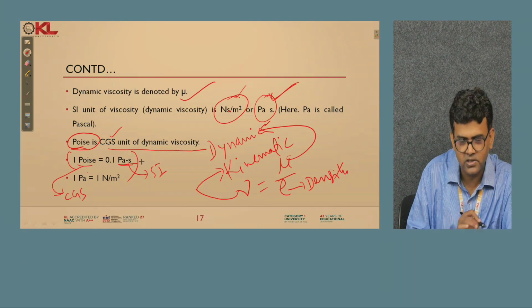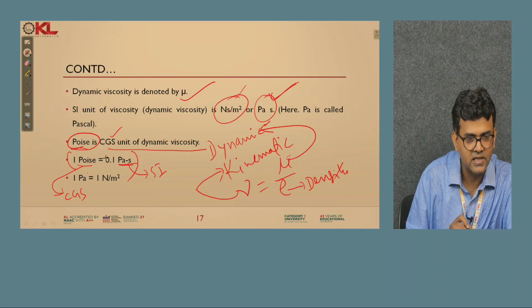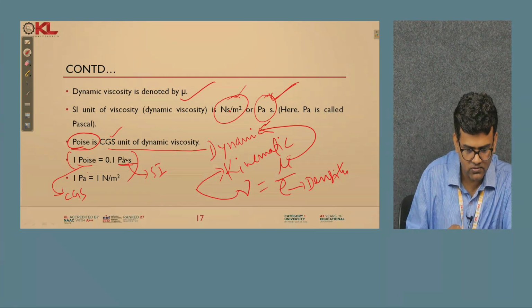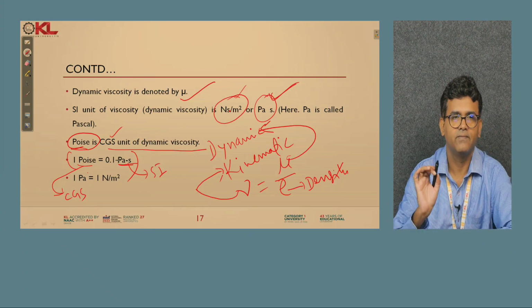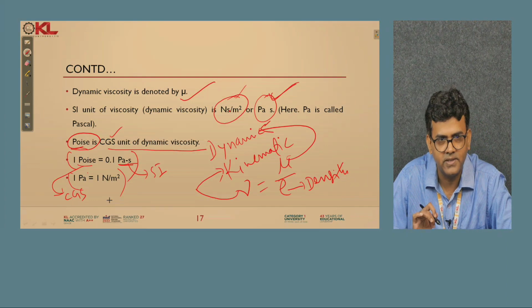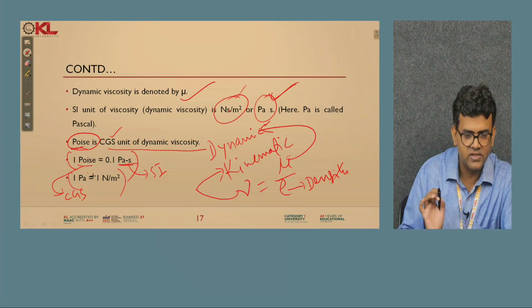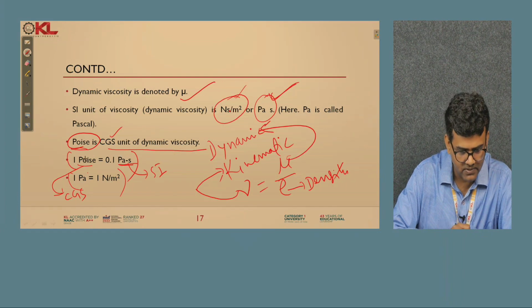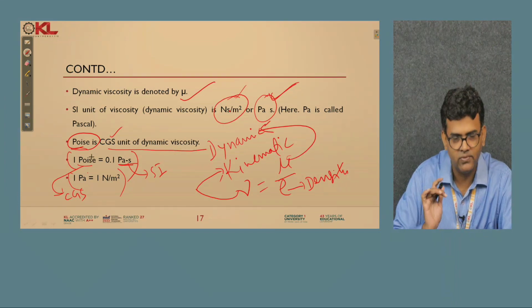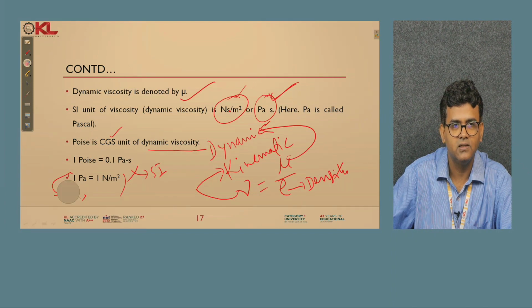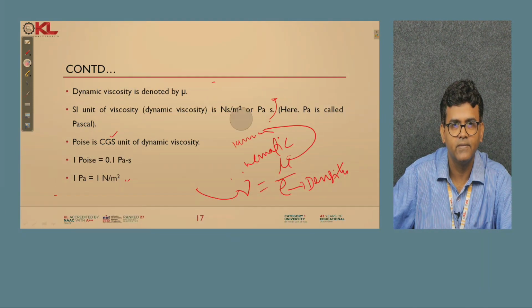The relationship between these two units for the same dynamic viscosity is: 1 Poise is equal to 0.1 Pascal second, and 1 Pascal second is 1 Newton second per meter square. So that's the conversion from CGS to SI. If you have 1 Poise, that means it is 0.1 Pascal second in SI units. That is the dynamic viscosity.